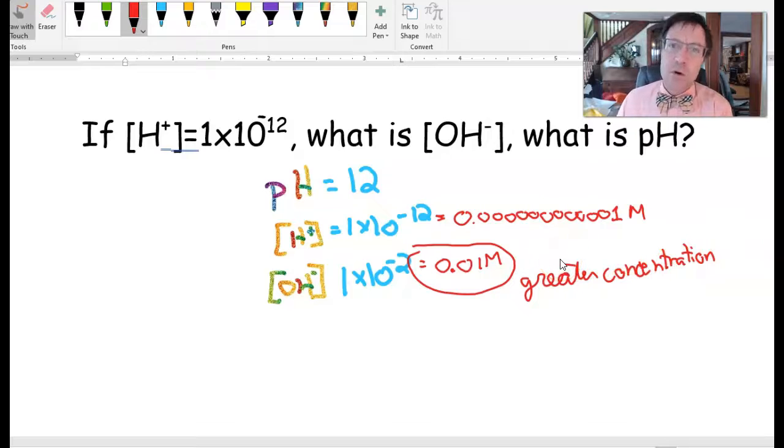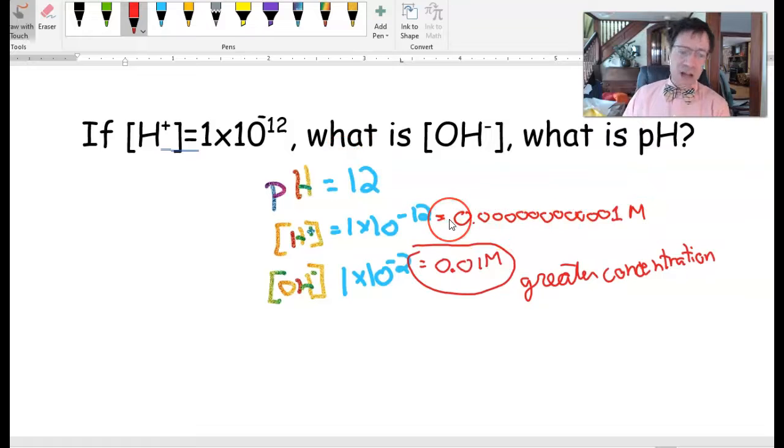So this is what's important to see, is that if your pH is 12, right? That doesn't mean that you're very basic. I mean, look at these two numbers here. That's teeny, man. That's like almost nothing. That's huge, in comparison. So if you have a big pH number, remember, that's the negative exponent.